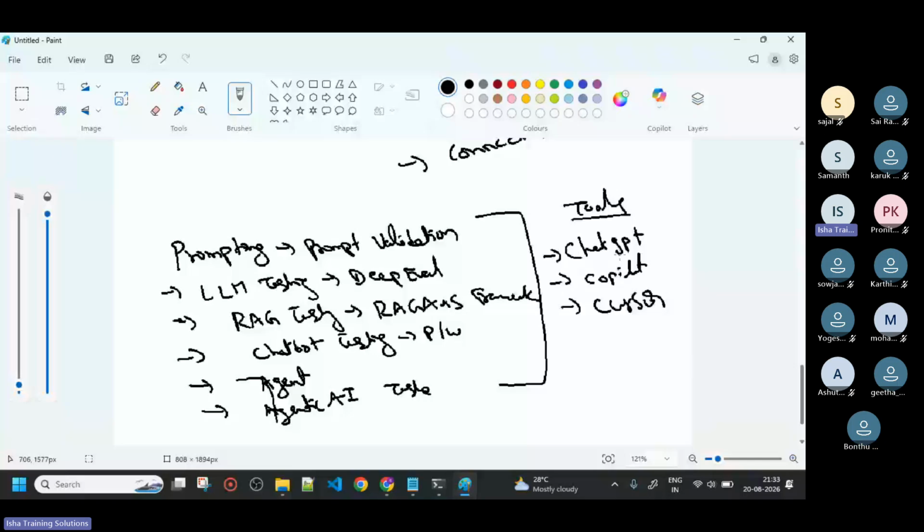Knowingly or unknowingly, you are the ones who are testing the application. Do you know that? Have you ever questioned yourself, I'm testing the ChatGPT application? Yes, of course. I've used it so many times to get concepts of methods or functions for my scripting.